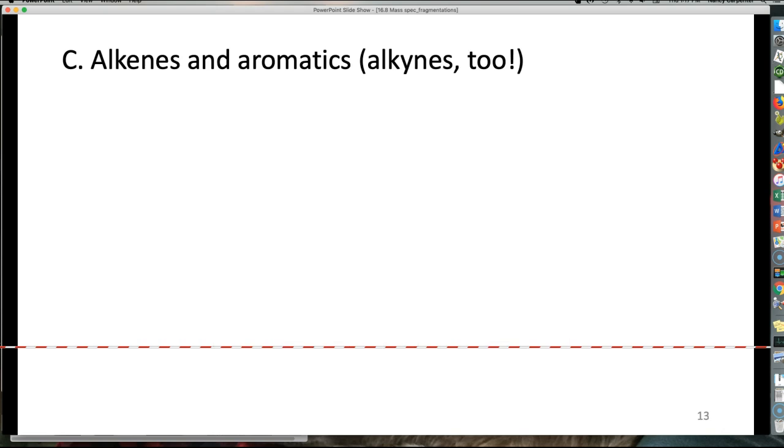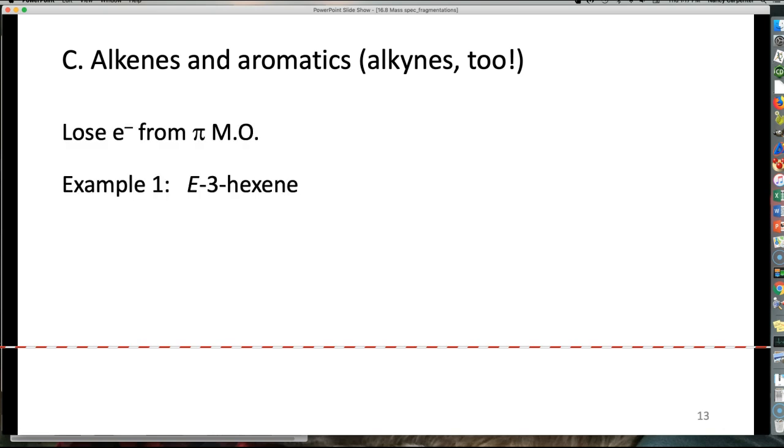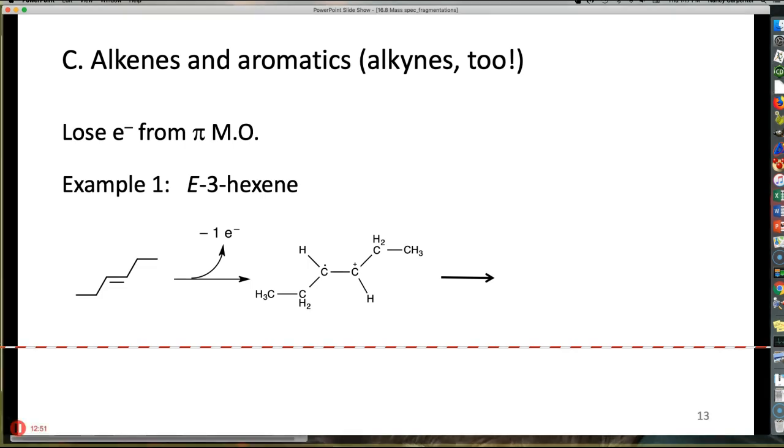Alright, alkenes and aromatics, of course alkynes as well, they all have pi electrons. So that's where we're going to go first. We're going to lose electrons from the pi molecular orbital. So we would predict that if we kick an electron out here, it's going to come out of the pi bond. In so doing, we get this.